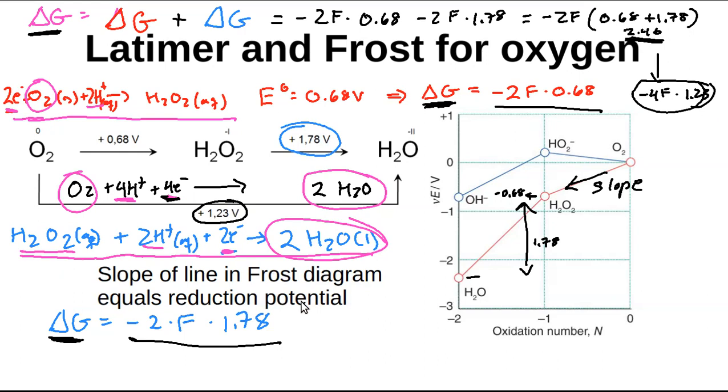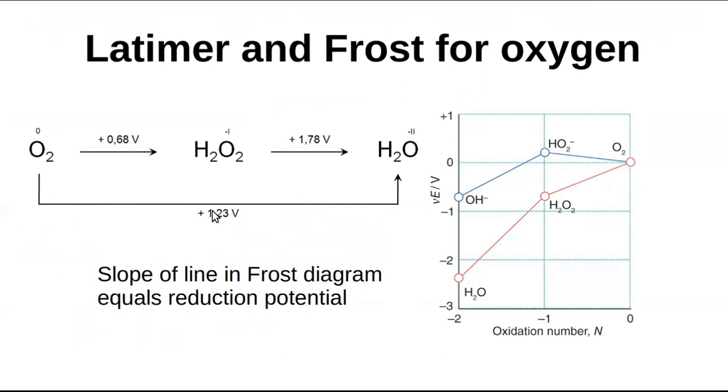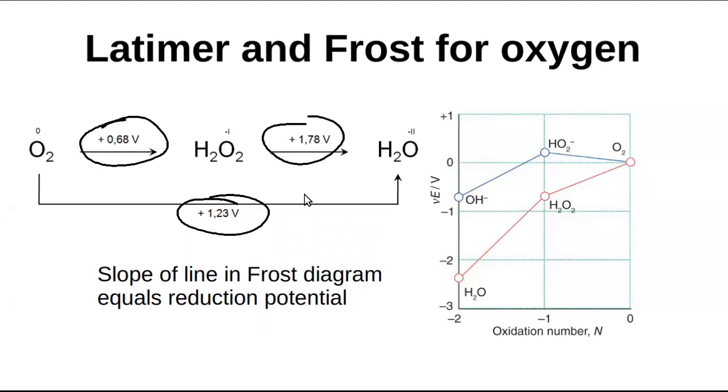This was a really messy figure, but 1.23 is the sum of 0.68. This is one electron, and this one is also an electron. But no, it was 2 electrons because it was 2 oxygen atoms, and here are also 2 oxygen atoms. But here it is 4 electrons. So if you interpret the potential as the energy per electron, this fits actually.